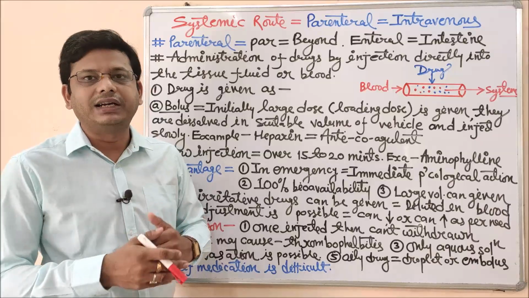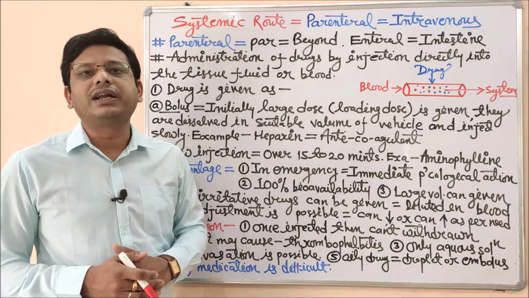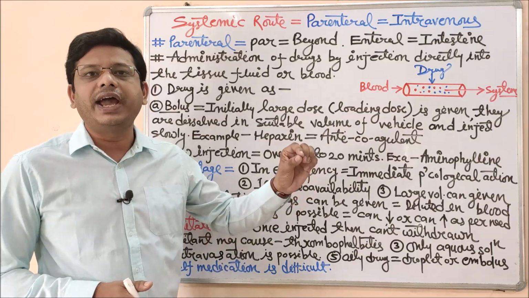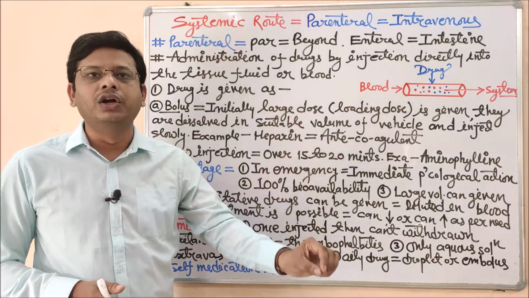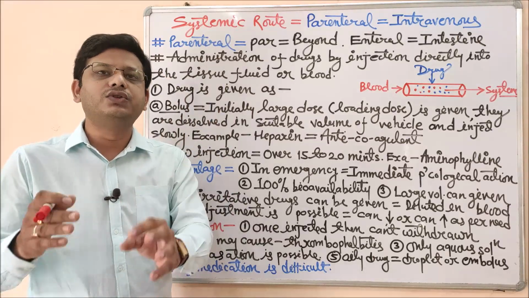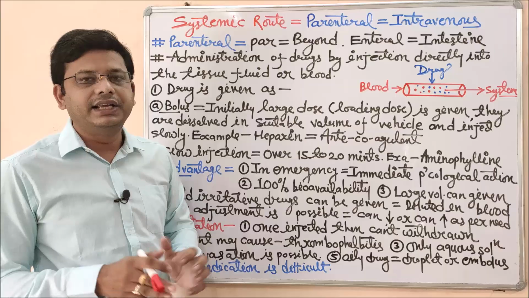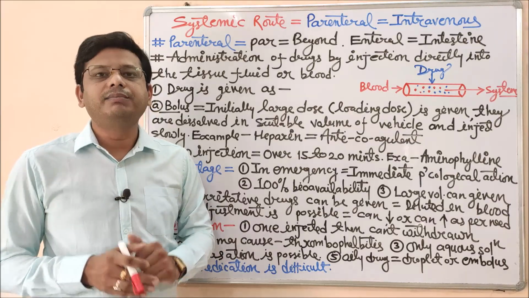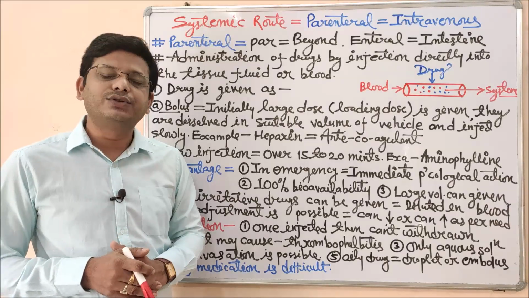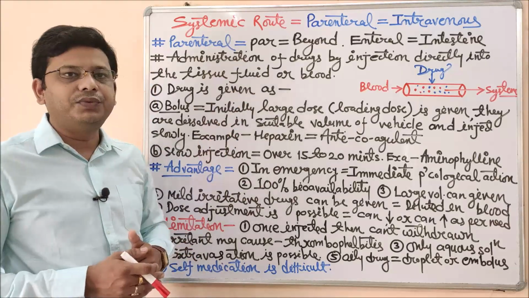But in case of parenteral route, the drug is directly injected into the blood, so it does not have to go for any type of disintegration, dissolution or absorption. It will produce its effect directly, because the drug is going into the blood directly. This is the basic concept. That is why, because of this advantage, that route is a choice in case of emergency situations. So let's continue with the further points.